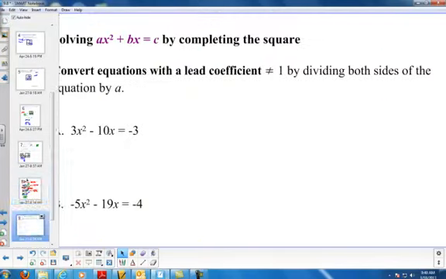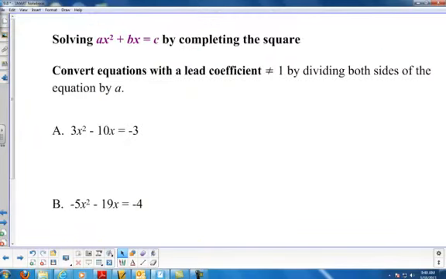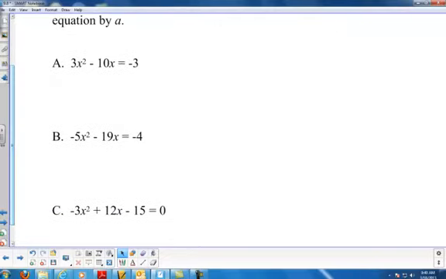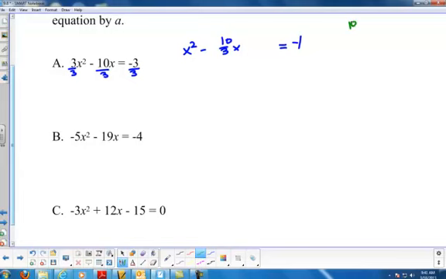And last but not least, if you have a number in front of the x squared, you need to make that a 1. So your very first step would be to divide by 3 to get rid of that. So this is going to simplify into x squared minus 10/3 x equaling negative 1. Now, half of 10/3 is 10/6, because we were doing half of b.